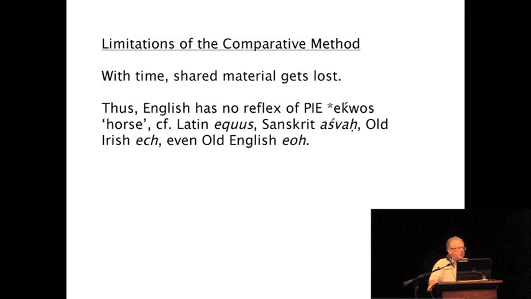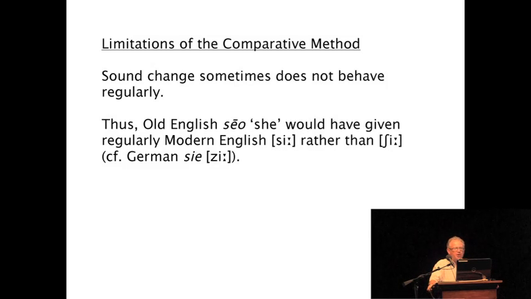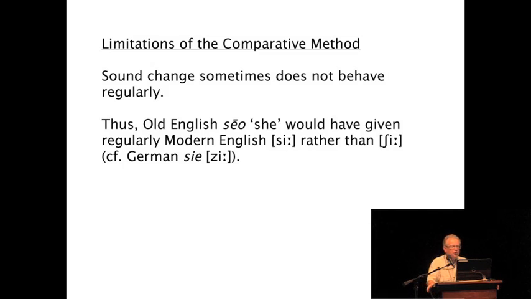Sometimes sound change does not behave regularly. In general it does, but there are exceptions, sometimes, for instance, with very frequent words, perhaps because they're used so frequently, often unstressed, unaccented, unusual changes take place.